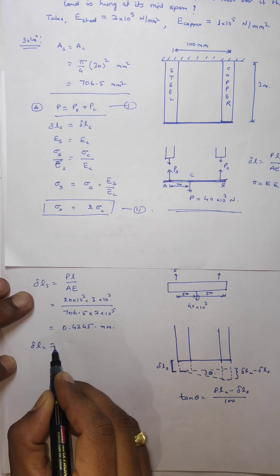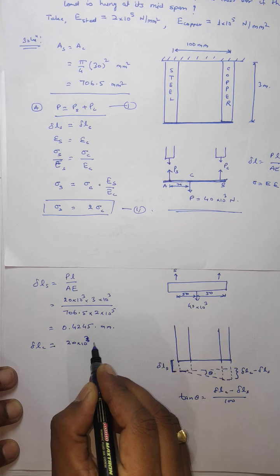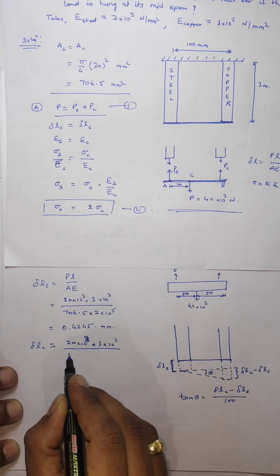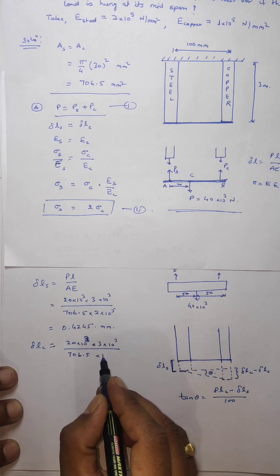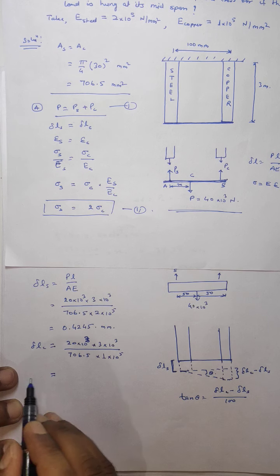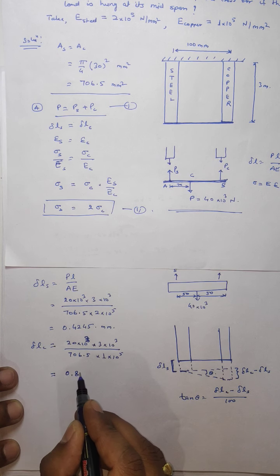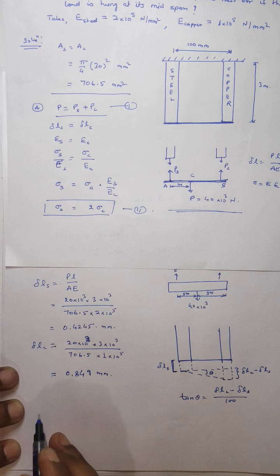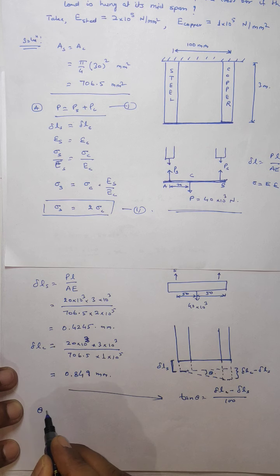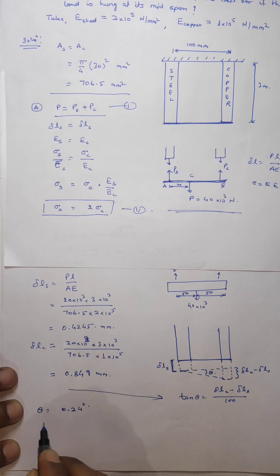Similarly, we can calculate del L copper by the same expression, 20 into 10 to the power 3 multiplied by 3 into 10 to the power 3. PL upon A is the same, but E differs. It is 1 into 10 to the power 5 instead of 2. So its value comes out to be 0.849 mm. By putting these values in the equation of tan theta, we get theta equal to 0.24 degree.